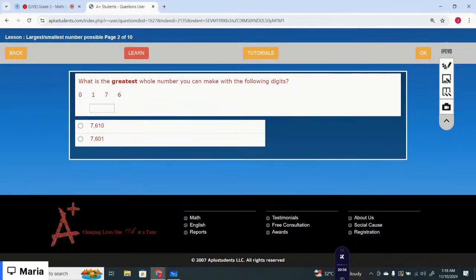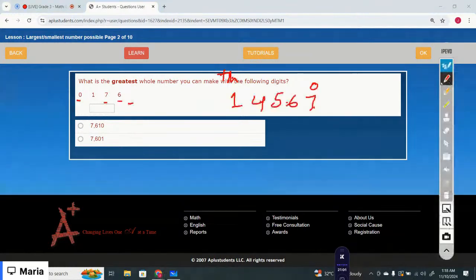What is the greatest whole number you can make with the following digits? You need to make the greatest number. 0, 1, 7, 6. That means, because you need to make the greatest number, so greatest place value.